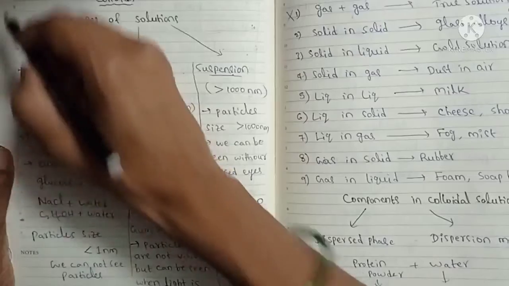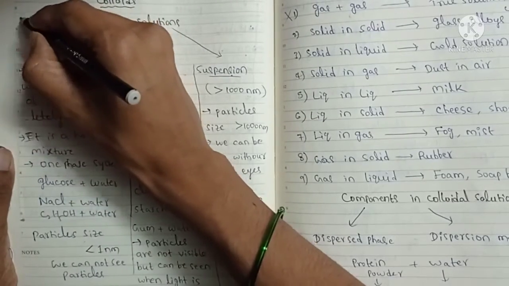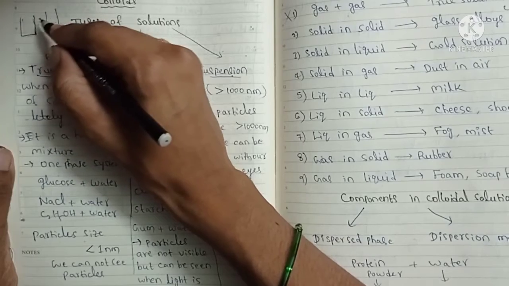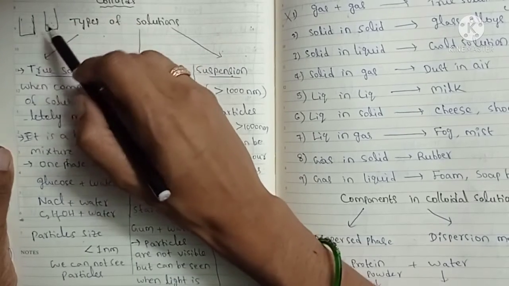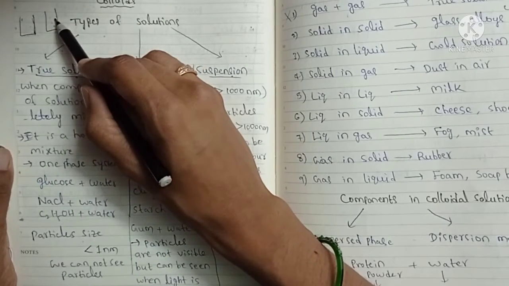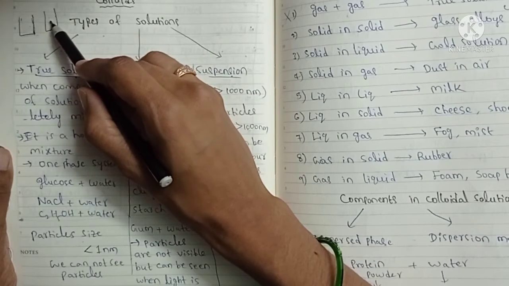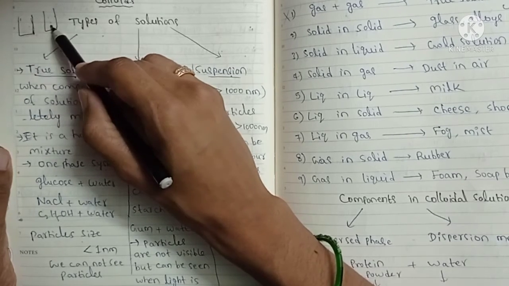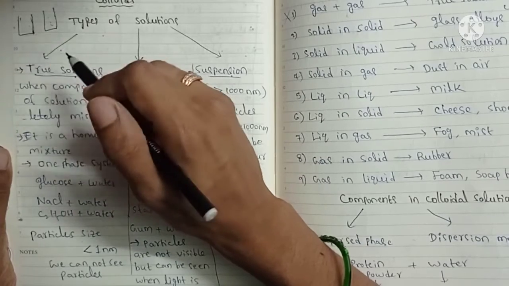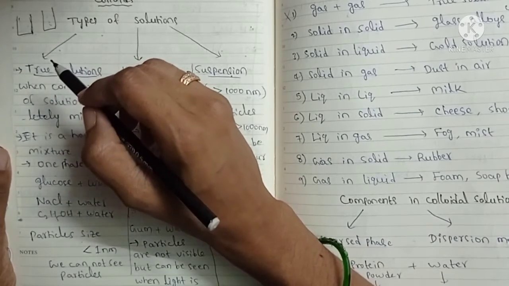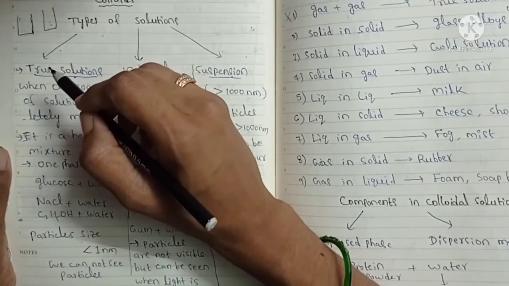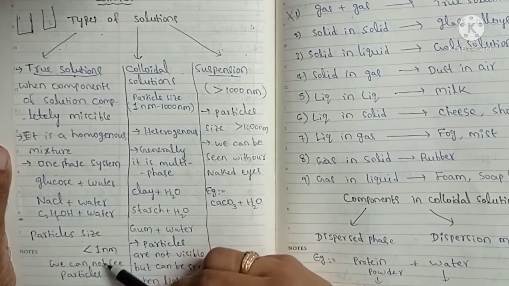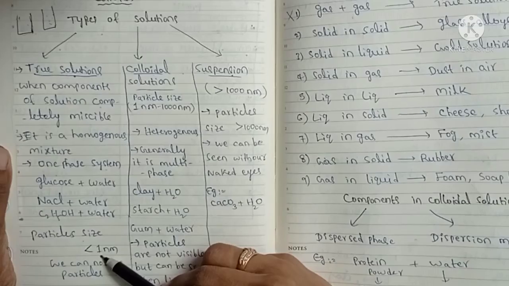If you take one glass of pure water and one of water plus salt, can we differentiate them by seeing? No, we cannot tell with our eyes which is the salt solution and which is pure water. They are completely miscible and form a single phase. Those are called true solutions, with particle size less than 1 nanometer, or 1 angstrom.